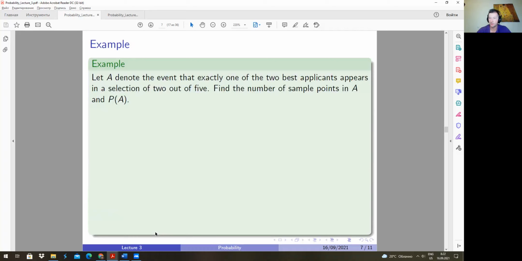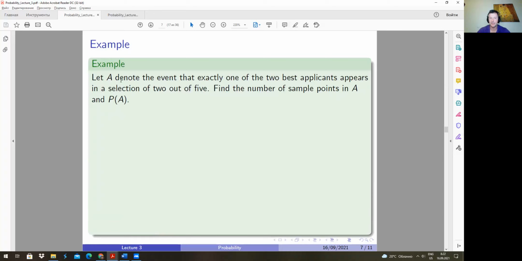Here is an example for you, based on that same example about applicants and about best or not best applicants. So here you need to think about the following.